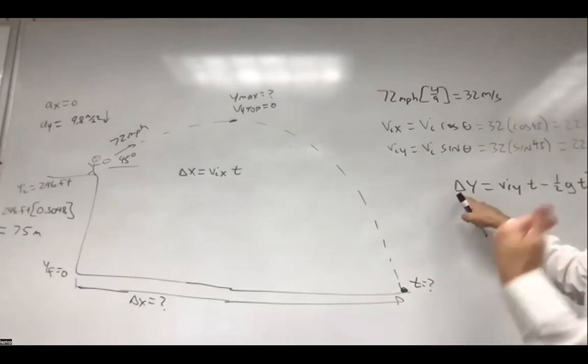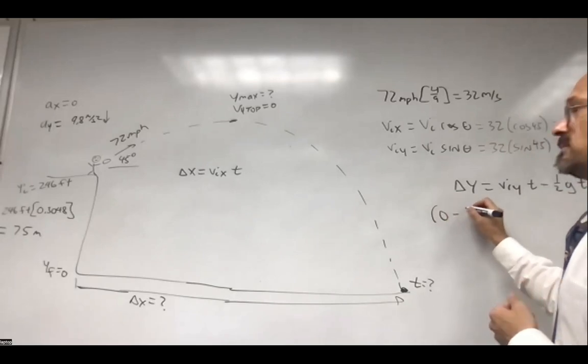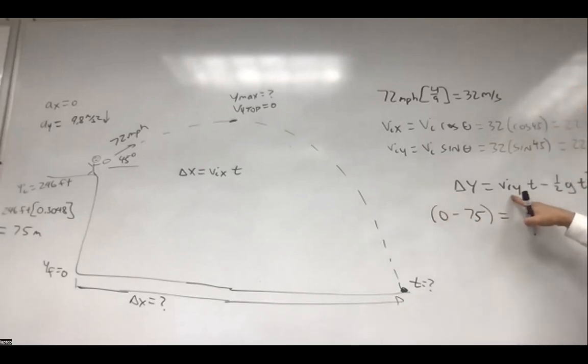Delta Y. This is Y final minus Y initial. 0 minus 246 feet equals VIY, which is 22.6, times T minus 4.9 T squared. And now you just solve the quadratic equation. Right?